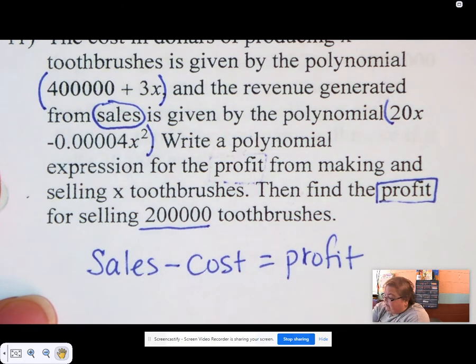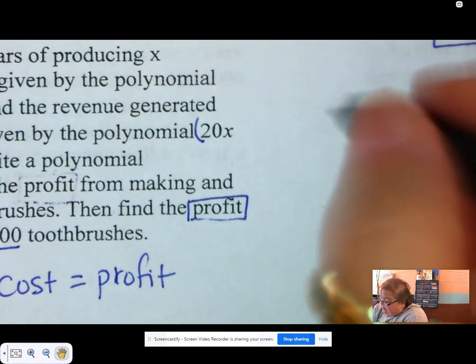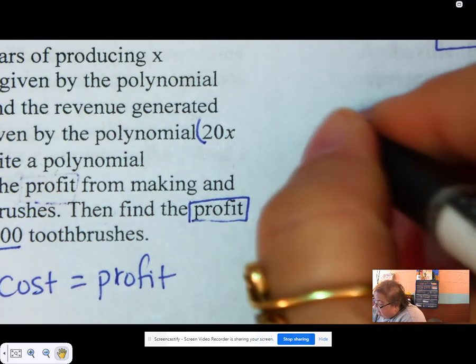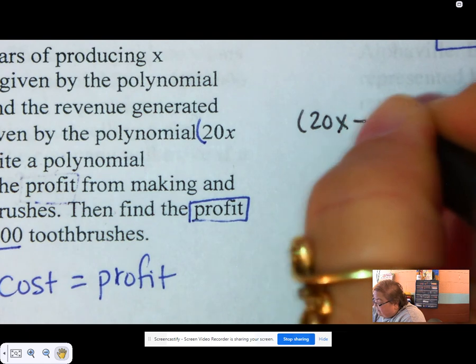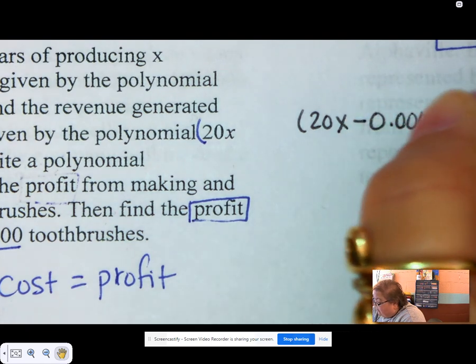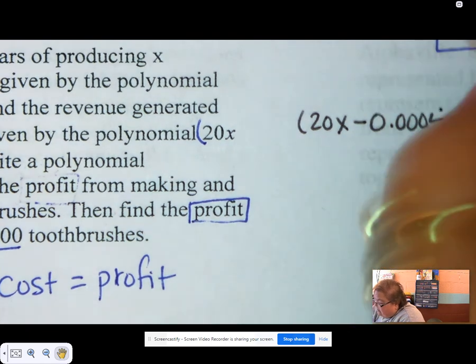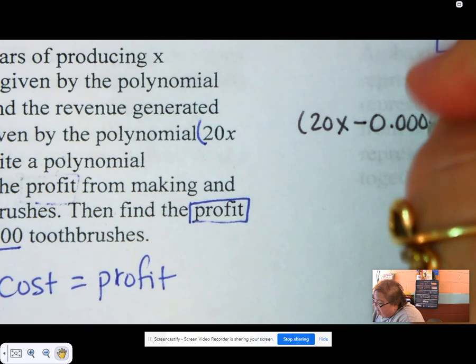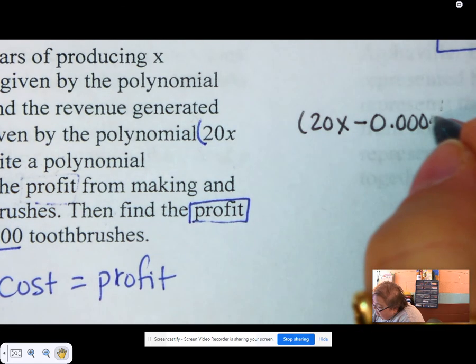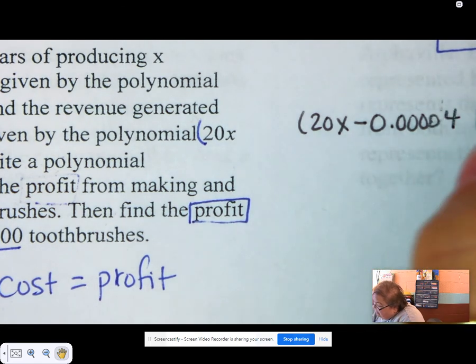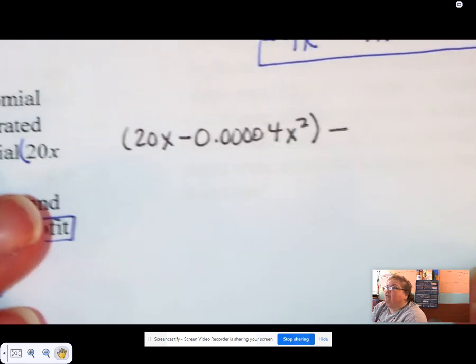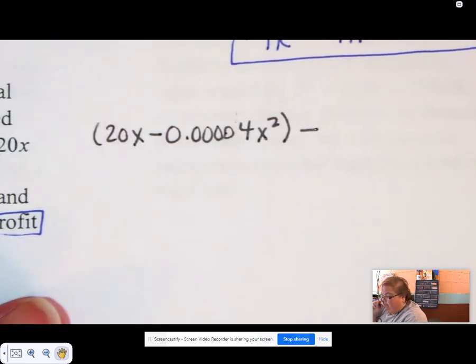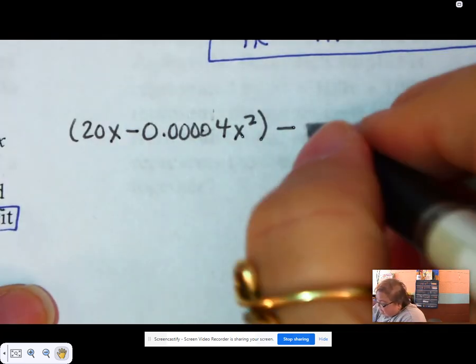So here's how it's written. Sales is written first. Minus, so make sure you're writing that sales first or you'll get the wrong answer.